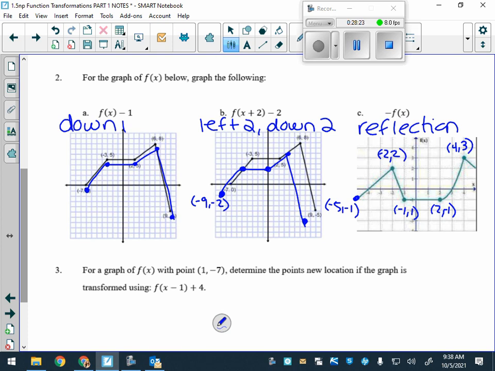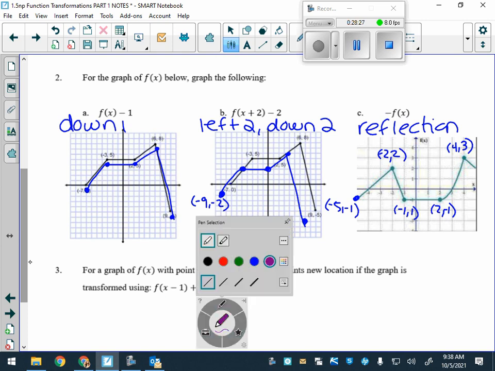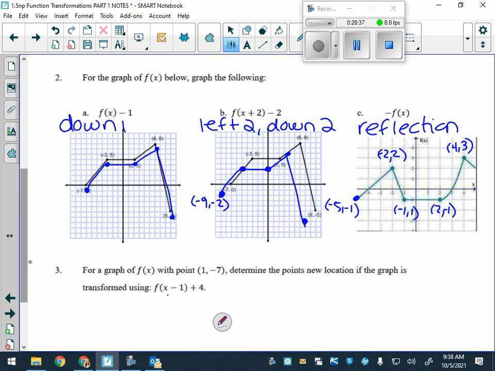So if I have -5, -1, what would be my new point? What's the only thing that's going to change? Cooper? Good. -5, +1. Good. -2, 2 will now become what? -2, -2. Good. And again, I'm going to connect as I go so I don't lose track.